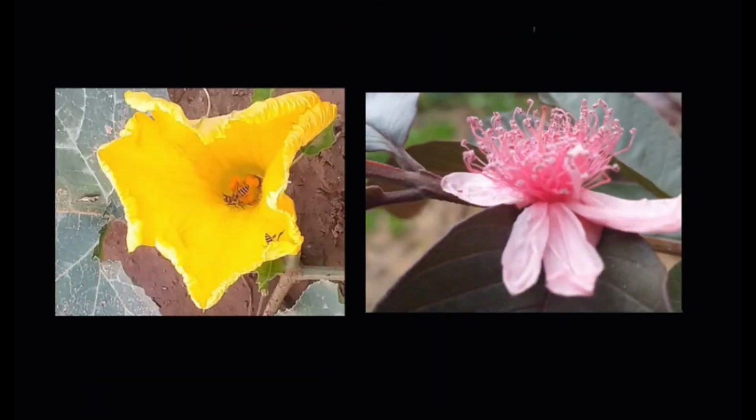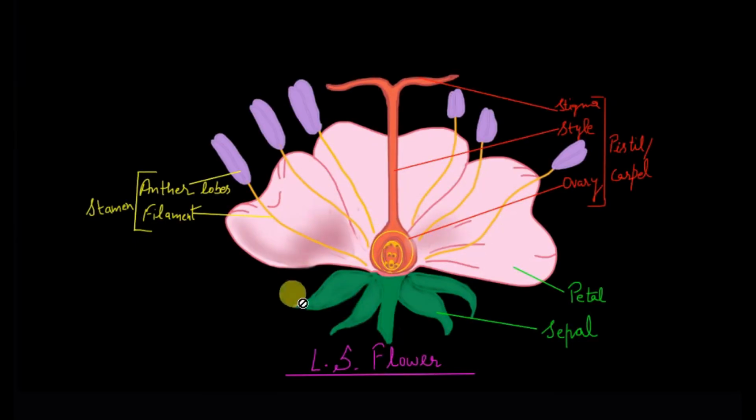Let's have a look at some more flowers. So these are also flowers. What are the parts of these flowers known as? Let's discuss that. This is LS of a flower. The stem part which possesses the flower is known as pedicel, and these green leaves are known as sepals. Wall of sepals is known as calyx.